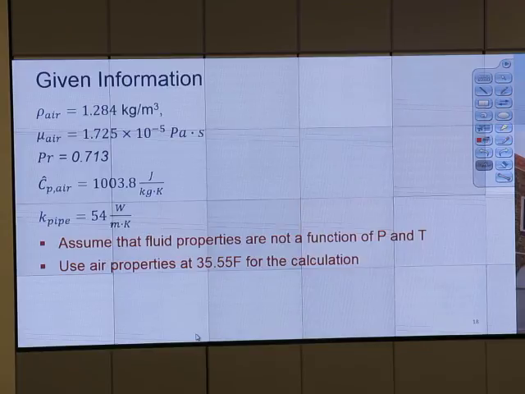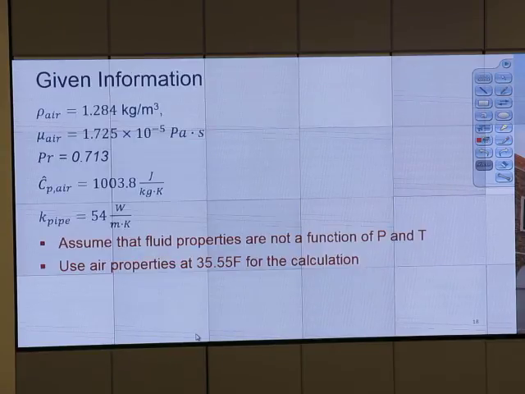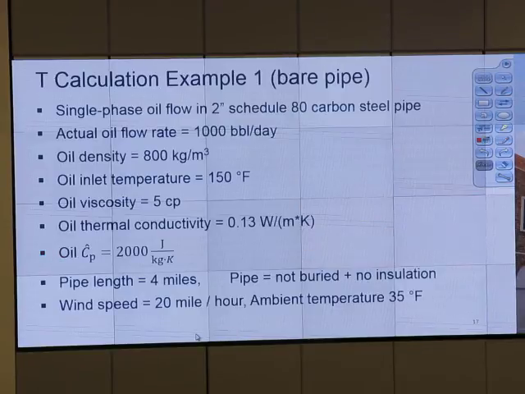It's not a function of temperature and pressure. And we have only single phase flow, no gas coming out. That's the assumption, okay? And I cannot find an exact match, and I didn't do the linear interpolation, so I use the property at 35.55 for the condition of 35. So ambient temperature is 35 Fahrenheit, but I didn't find the fluid property at 35.